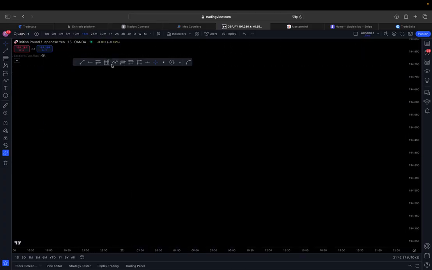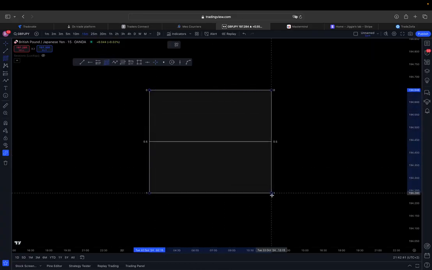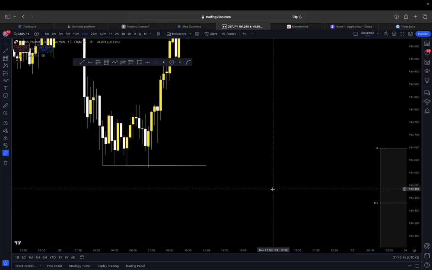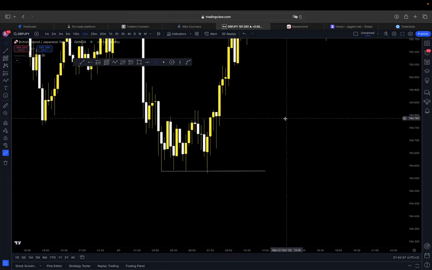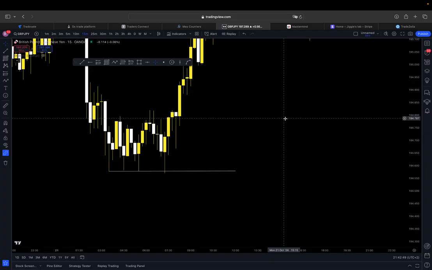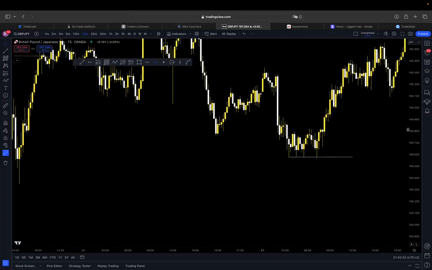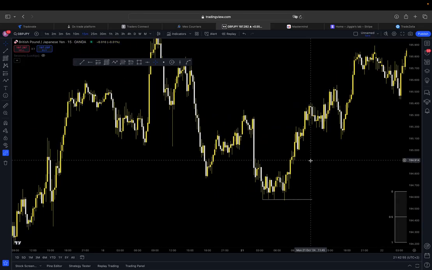Now, to understand CRT and TS, I'm going to draw this, you guys are going to need it. First break of structure, and I want you guys to take note of something.